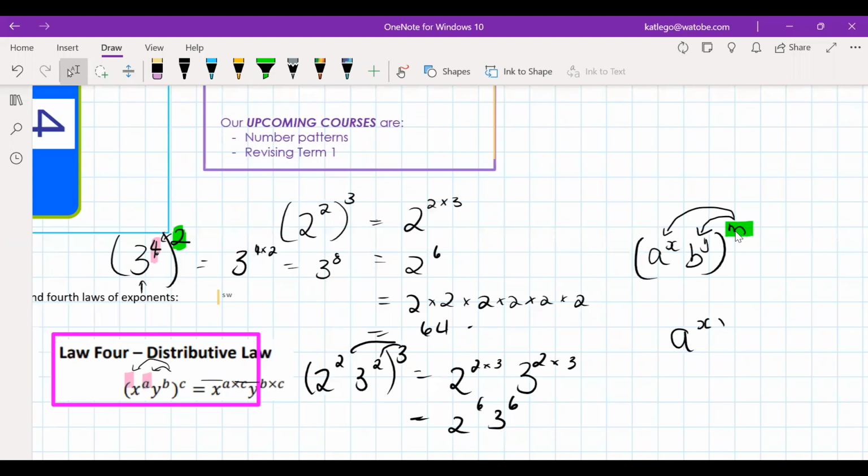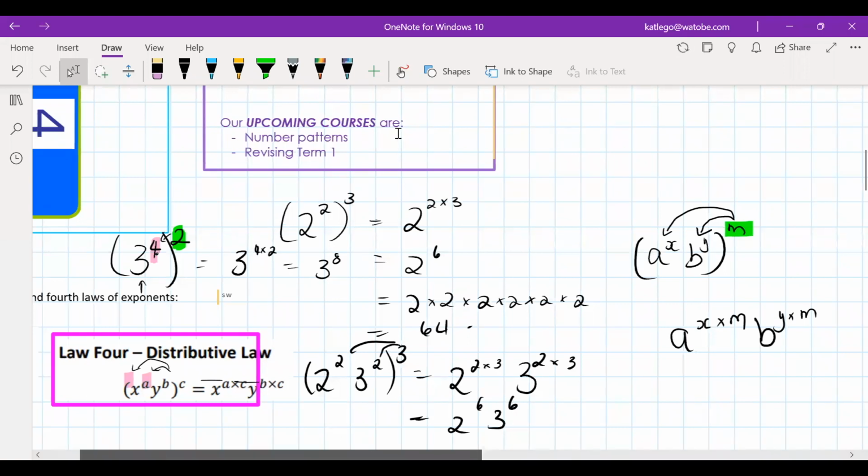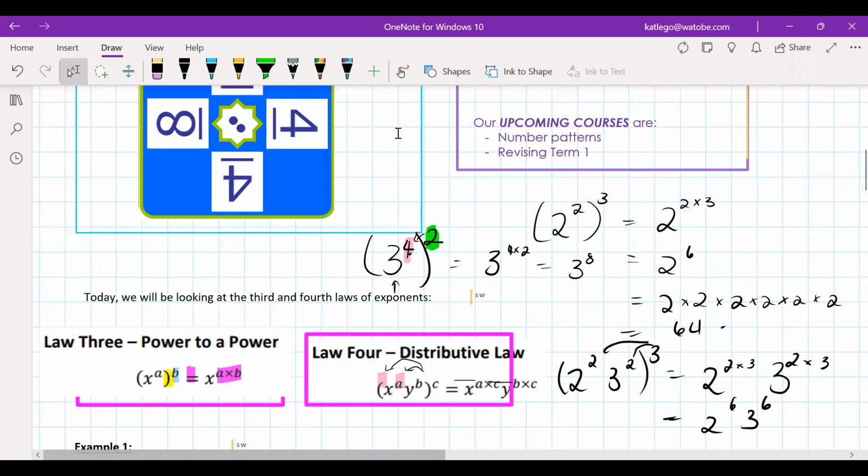It's going to be X times the one you are distributing, which is M. And then you're going to move on to B. There was already a Y times the one you are distributing, which is M. Do you understand now? Yes, ma'am. That's what I was doing. I hope everyone else who was confused is back on track with me as well.